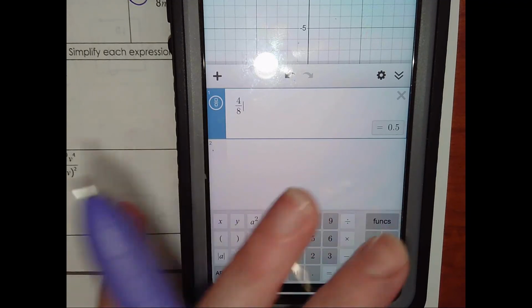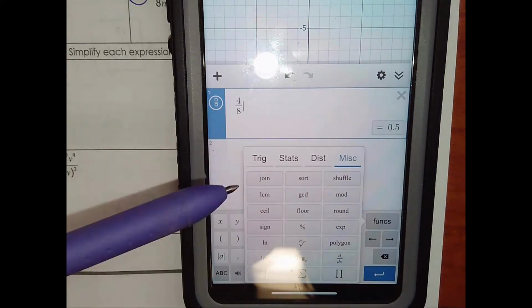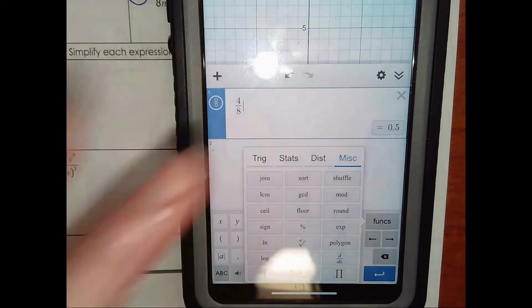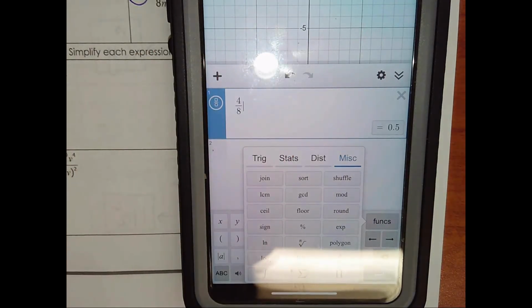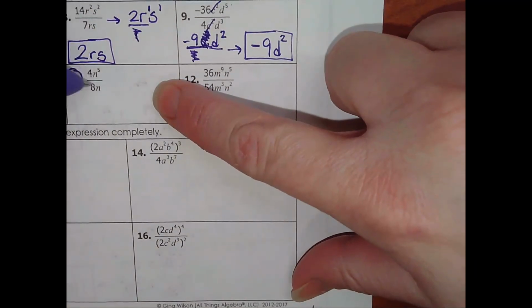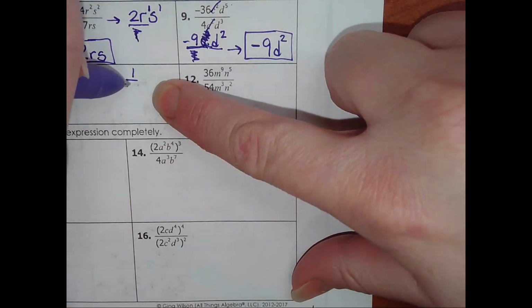I tried, I really tried. But if you have 4 over 8, hopefully you know how to reduce fractions. 4 over 8 reduces to 1 over 2.